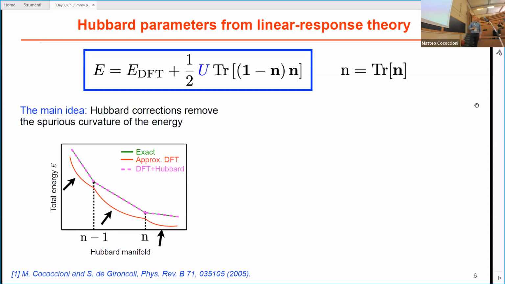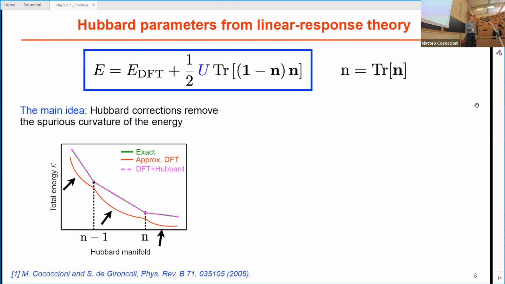And this is what Matteo mentioned closer to the end of his talk, that DFT plus U and plus V actually cure self-interaction errors. They don't cure strong correlations. And so in this figure, we are seeing the total energy as a function of the number of electrons in the Hubbard manifold. So it's not the total number of electrons in the system, but the number of electrons in the Hubbard manifold. And the exact behavior must be piecewise linear. And this is very important. This is heuristic.